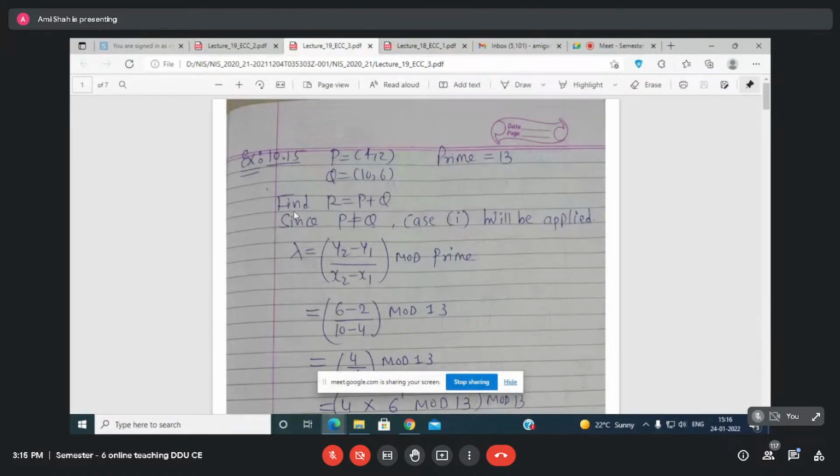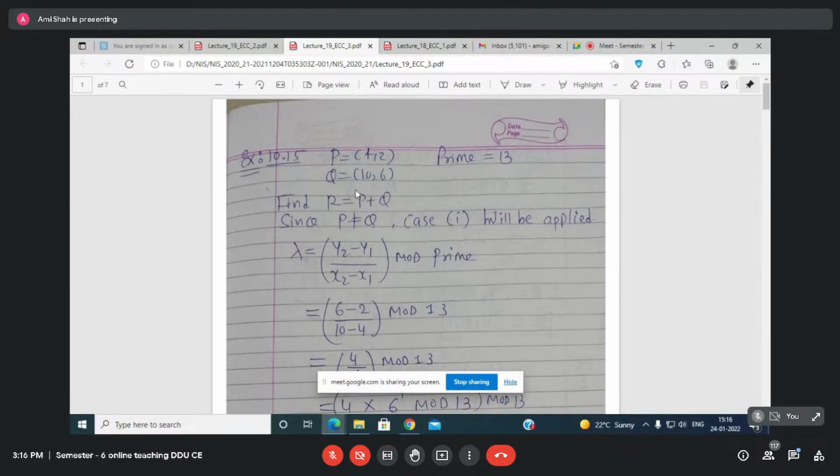Now the question is to find R. If you perform the addition operation on these two points, you get another point R, whose coordinates are x3, y3.